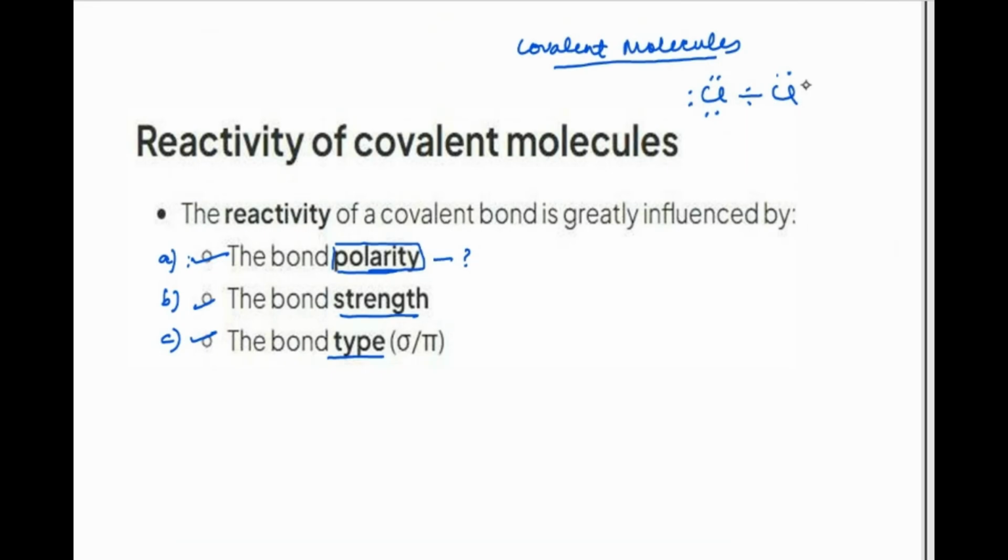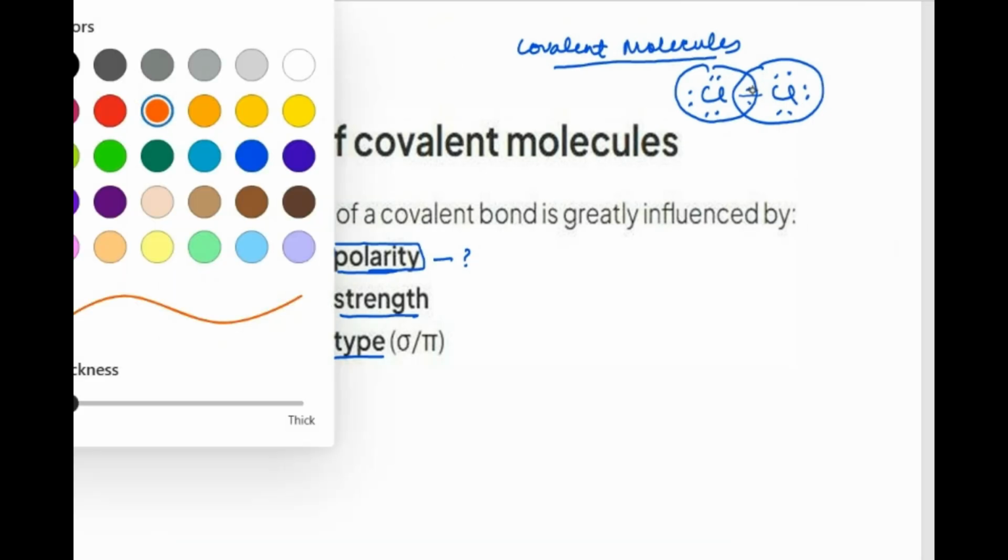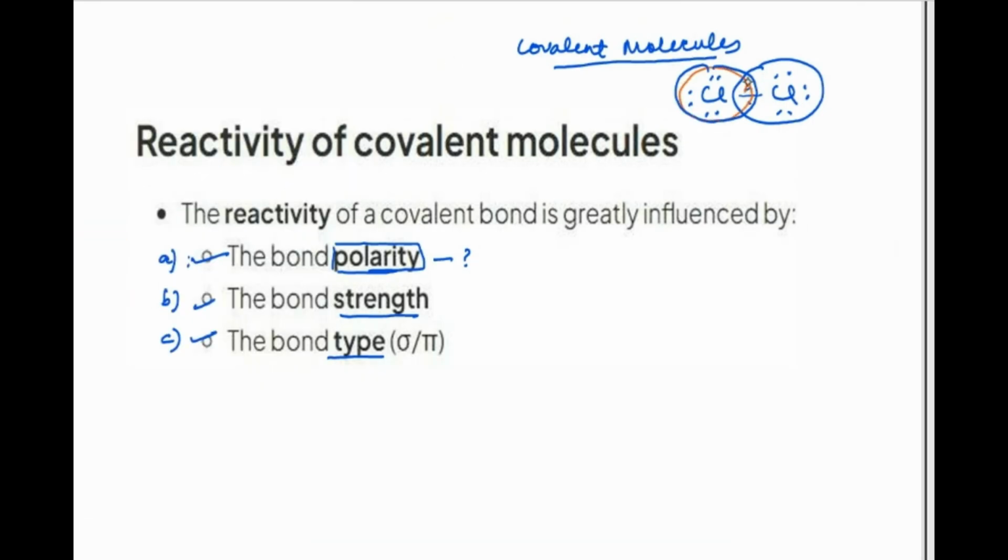This chlorine has also got the 7, and in order to complete its octet, it's sharing this pair. Okay, so that is what we are aware of, right? So they both are basically sharing. So the same pair of electrons is revolving around this particular chlorine as well as around this chlorine.